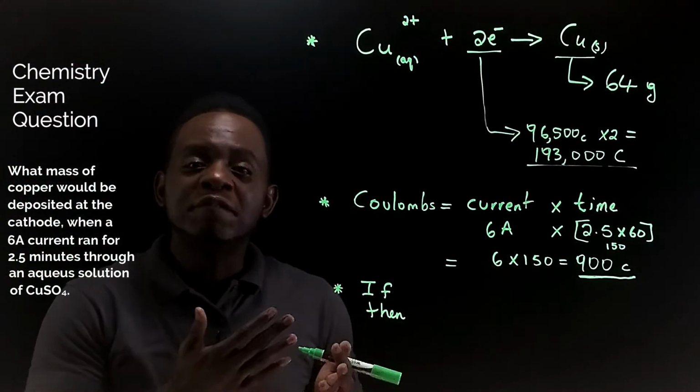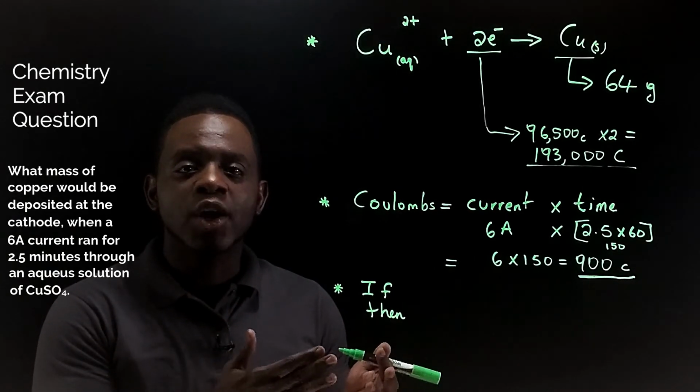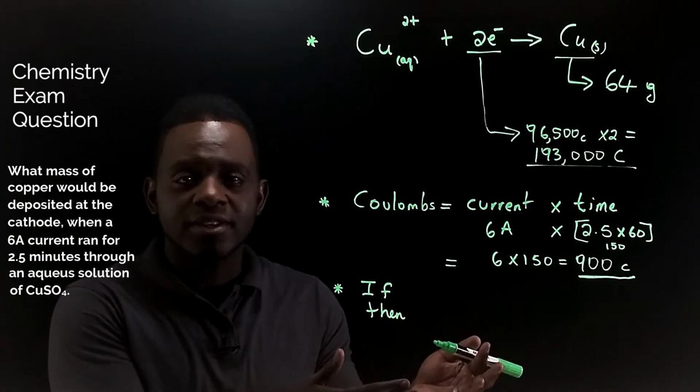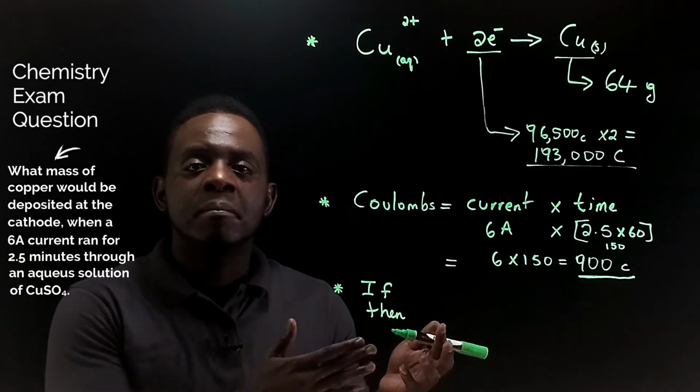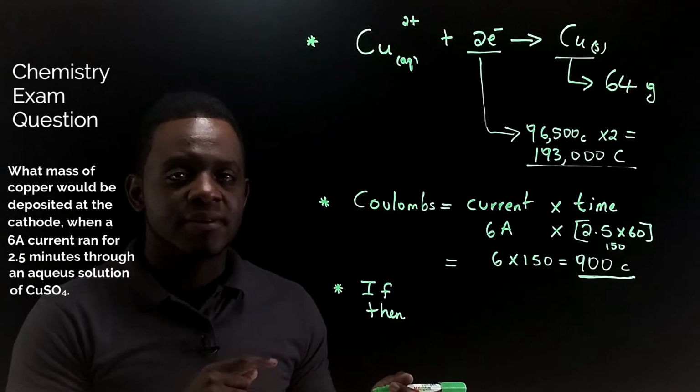And now for our final step, we'll use a simple mathematical reasoning called cross multiplication to find out the mass of copper deposited during the electrolysis process.